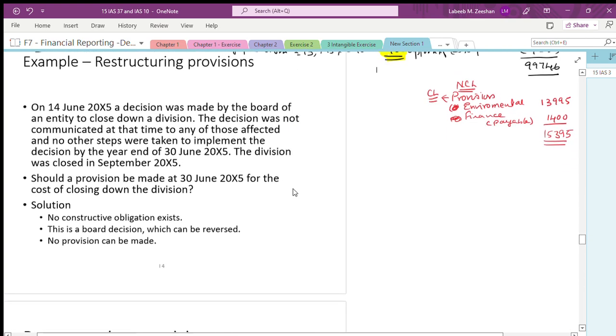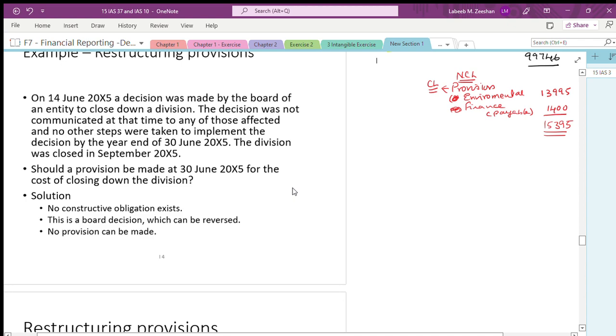What it says is that on 14th June, a decision was made by the board of the entity to close down a division. The decision was not communicated at that point to any of those affected. The rule is you have to communicate. The rule says that under IAS 37 you have to communicate.